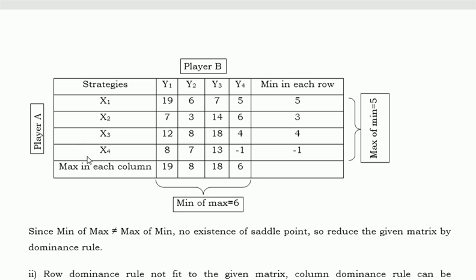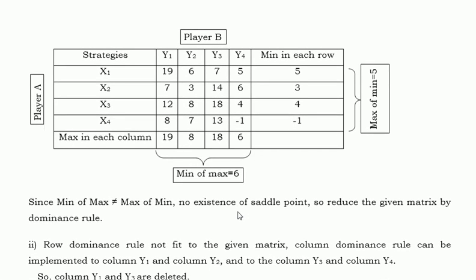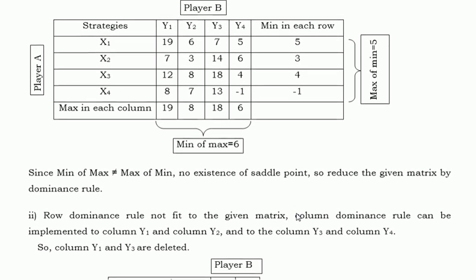Now find the maximum in each column. Maximum in the first column is 19, second column 8, third column 18, fourth column 6. The minimum of these maximum values is 6. So the minimax and maximin are not equal to each other, so there is no existence of a saddle point.